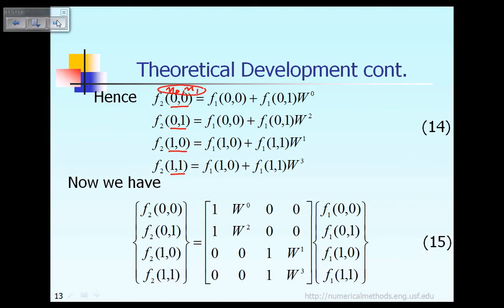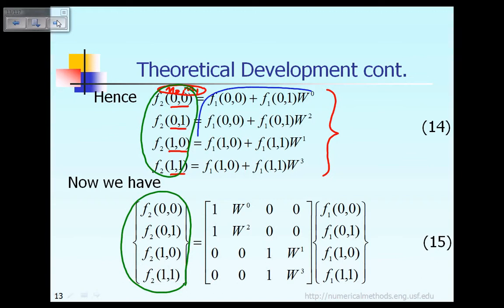These 4 equations can again be represented in matrix notation. For example, the vector f2 that you computed from equation 14 is represented on the left hand side of equation 15. Similarly, the right hand side of the 4 equations in equation 14 can be expressed as a 4 by 4 matrix times a vector f1, which is 4 by 1.